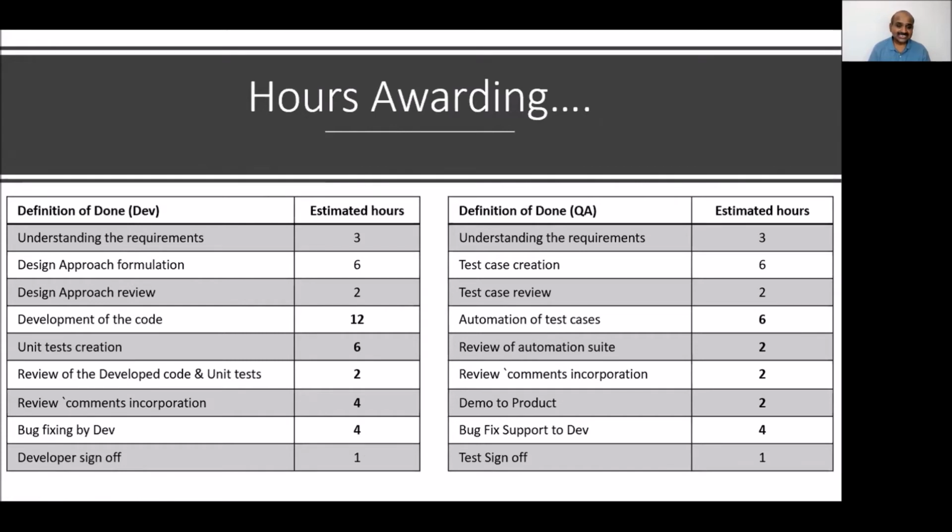If you just estimate without documenting these tasks, you end up estimating low, and you estimate less but spend more hours. So where can you bring productivity? See, all these things I'm telling without spending any extra effort from you, on how to get more productivity. So this is the estimation.